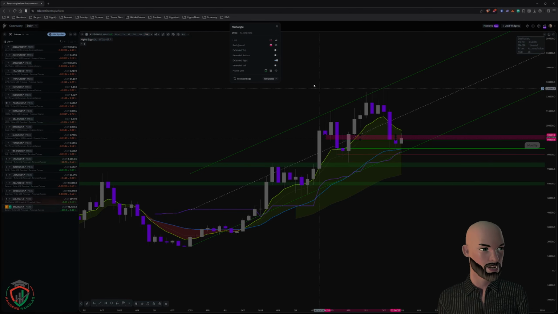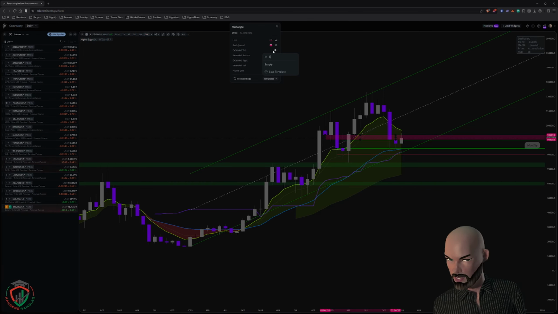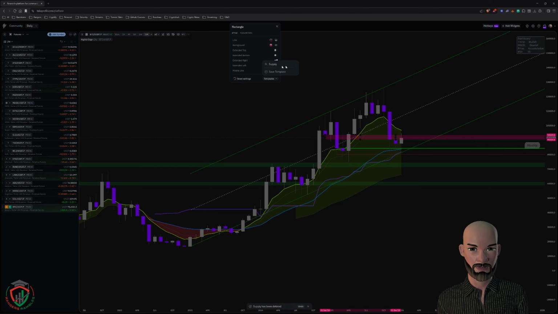Parameters, that doesn't matter because I've drawn it. I can't write text inside, so this is something else as well, I guess. So this would be, sorry, a supply zone here. Okay. So let me delete that.